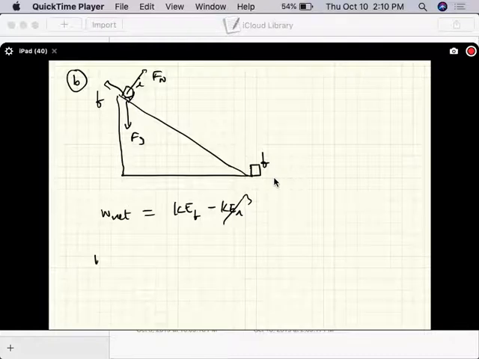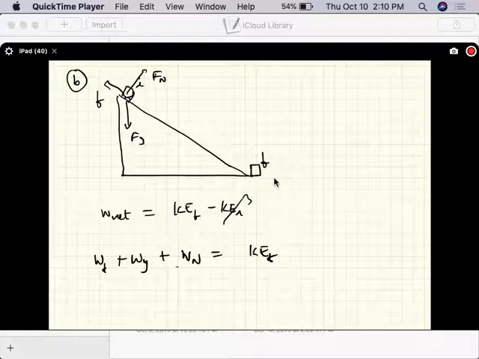So the net work done, work done by the friction force plus work done by gravity plus work done by normal force, is equal to final kinetic energy. Normal force, of course, does 0 work. Work done by friction is what we are trying to find. And work done by gravity is easy to calculate: mgy final minus mgy initial.